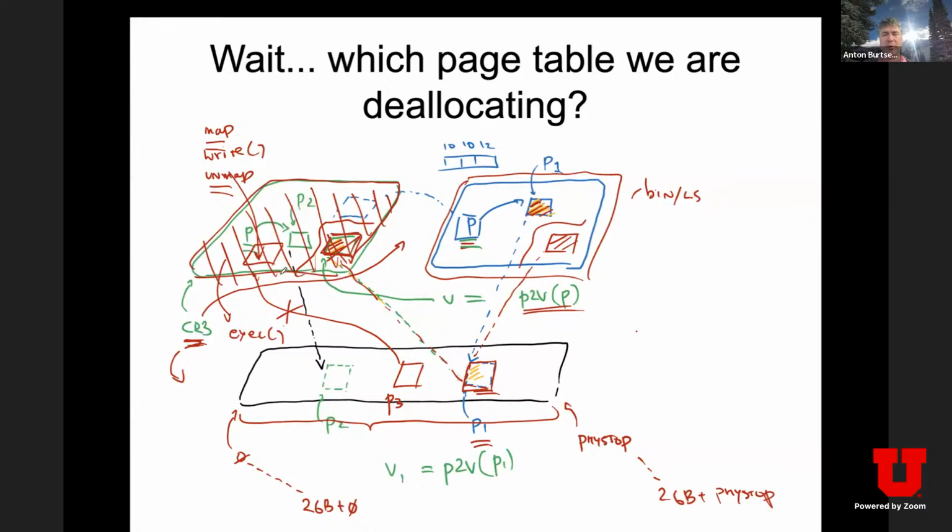Return the pages to the memory allocator. That's good. So which pages? In a way, you're clearing the page table, the pages for the old process, free physical pages, correct. But at a high level, yes, you're right.